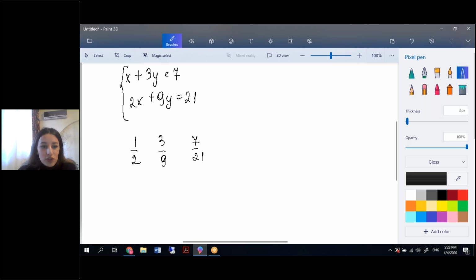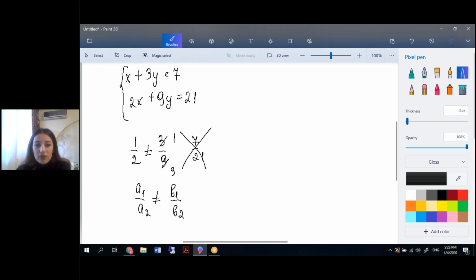We can see that 1 over 2 is not equal to 3 over 9, because it's 1 over 3. So we don't even need this part, because a1 divided by a2 does not equal b1 divided by b2. In such a case, we don't even need the c1 divided by c2 part, because we already know that the simultaneous equations have one solution.